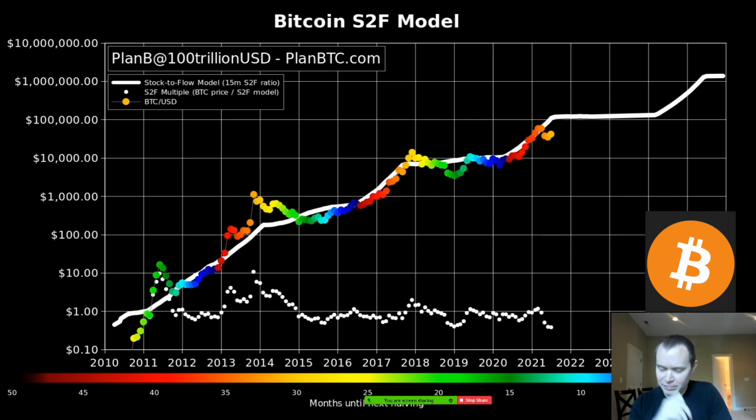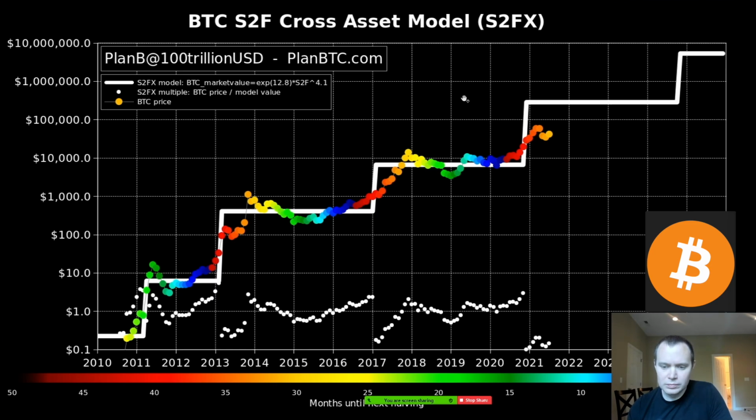Yeah, I can. And I think it's one of the main topics of our discussion, and we'll get back to it later. Maybe it's best to use the stock to flow X model, the one with the black background, for explaining it.